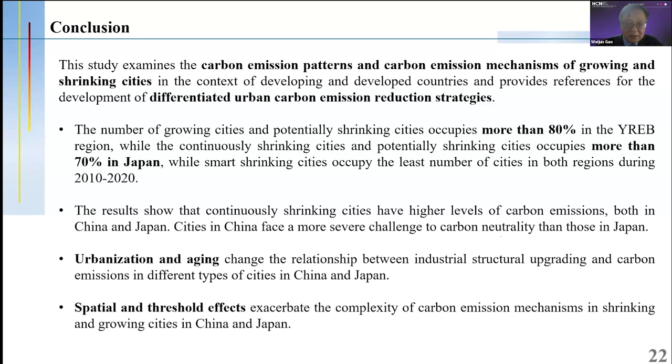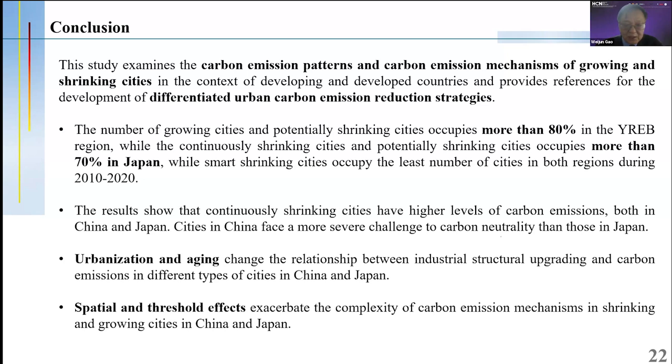The results show that continuous shrinkage cities have a high level of carbon emission, both in China and Japan. Cities in China face a more severe challenge to carbon neutrality than those in Japan.